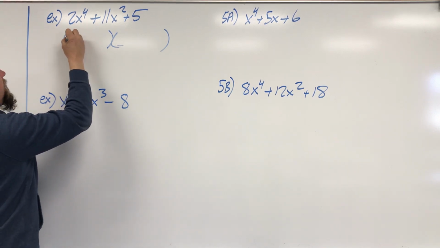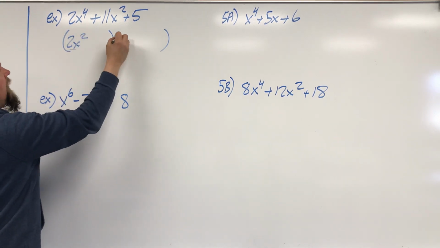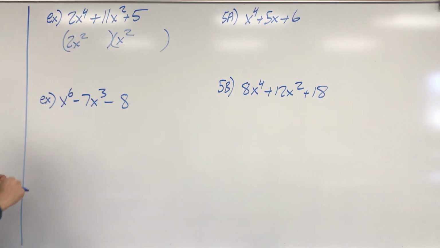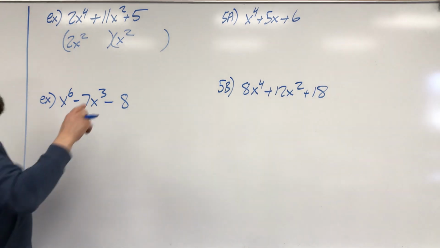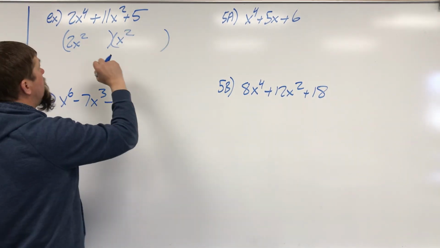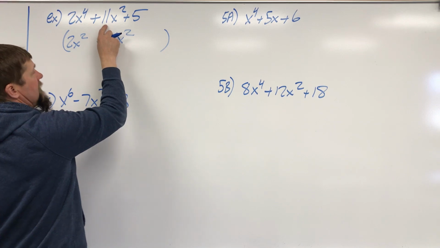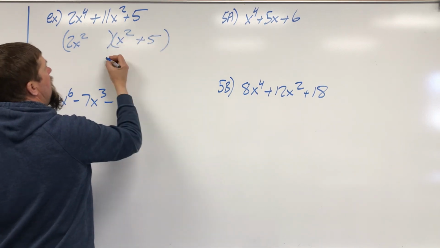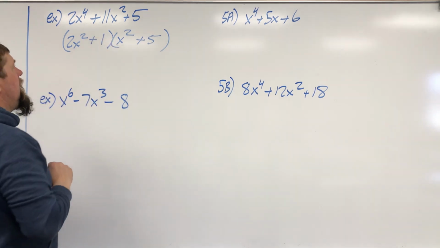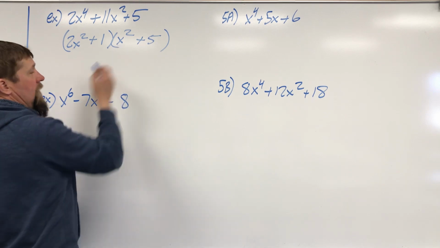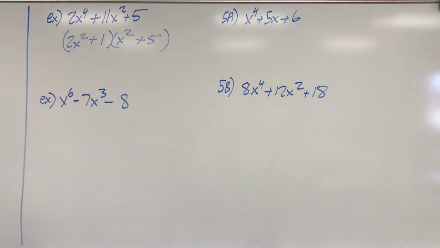So I know it's going to be a 2x squared and a 1x squared. They multiply to be the first term. The two factors that multiply to be 5 are 1 and 5. Together, the middle has to add up to 11. So if I put a plus 5 here and a plus 1 here, I end up with 10x squared plus 1x squared, which is 11x squared. And so that's how you factor it.